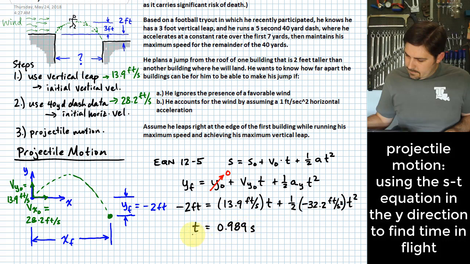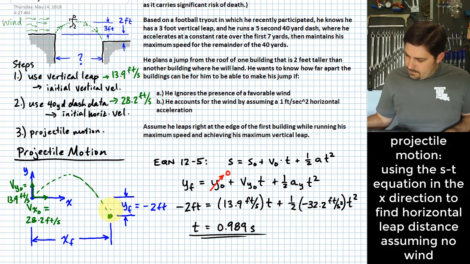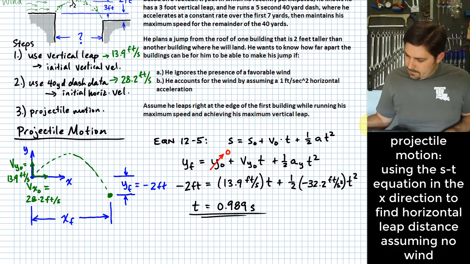Okay, that's actually not our final answer that we have here. This is just a piece that we need in order to figure out how far he can go. Okay, the next piece is this. We want to look at, again, the same equation, but this time applied in the x direction.